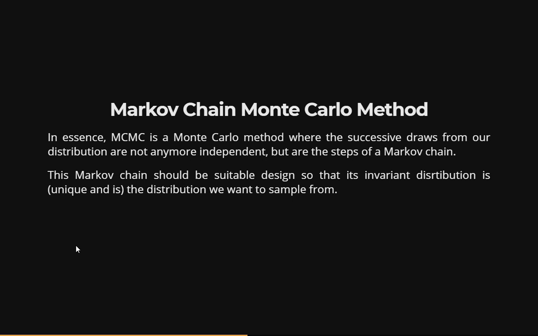So, for example, if the Markov chain is positive recurrent, the invariant distribution is unique and the equivalent of the law of large numbers holds, and so the Markov chain tends to its unique invariant distribution. Now, the whole problem is to build a Markov chain that gives you as invariant distribution the distribution you want to sample from.